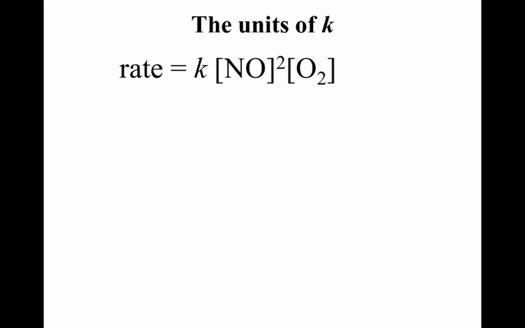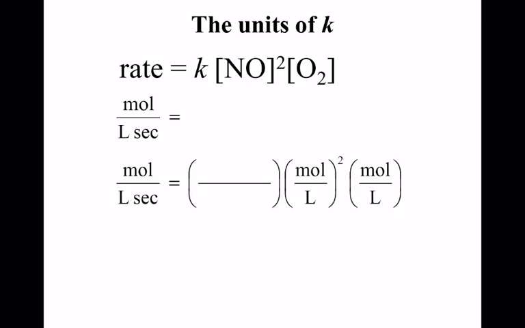Just to kind of remind you, up here on the slide is kind of what I did over there. Rates are always going to be changes in concentration. Molarity is a great one. Moles per liter, change in concentration per time, so moles per liter per time.